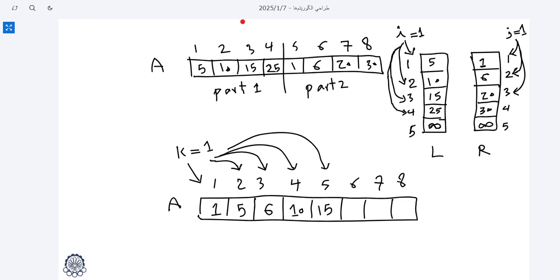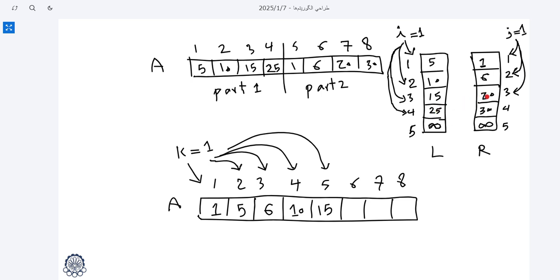Then we compare the room of L whose index is i and the room of R whose index is j. Here we compare 25 and 20. Whichever is minimum is copied.